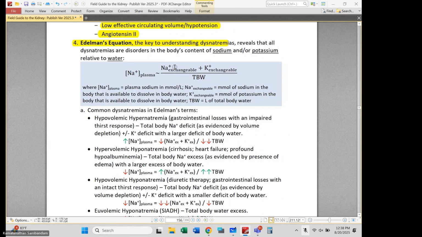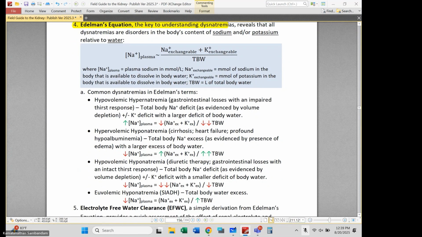If you simplify this to y equals mx plus b, this suggests that the m is 1 and there is no y-intercept. There is actually a non-1 slope. I think 1.11 is the slope term, close enough to 1. And there is a y-intercept, but just for ease of utility, we drop those. Okay, and this is a simplified Edelman's equation. If you pull the original paper, you'll see that there is a slope term and a y-intercept.